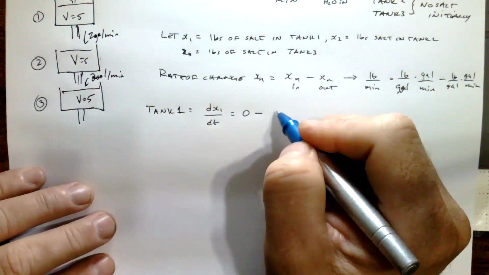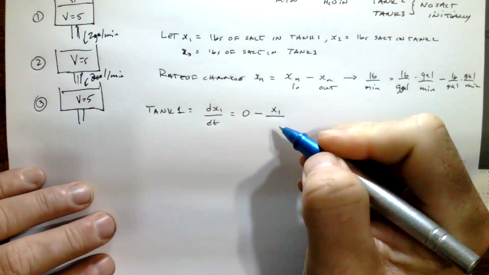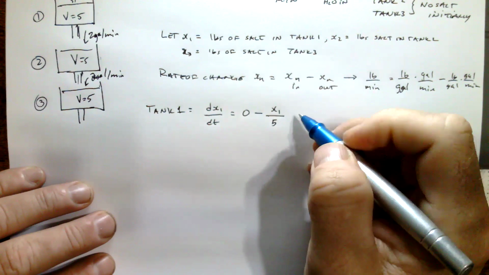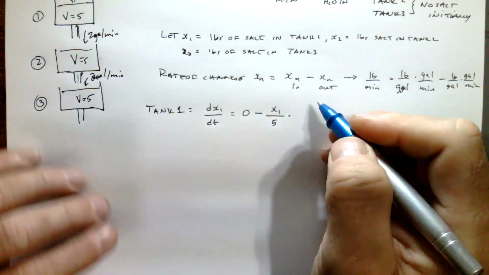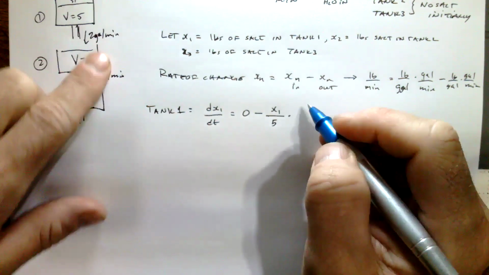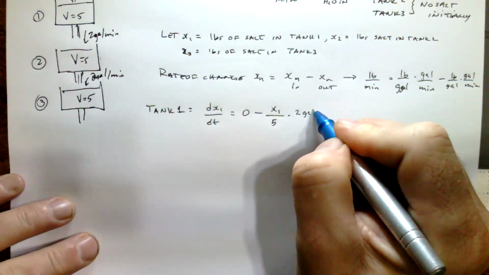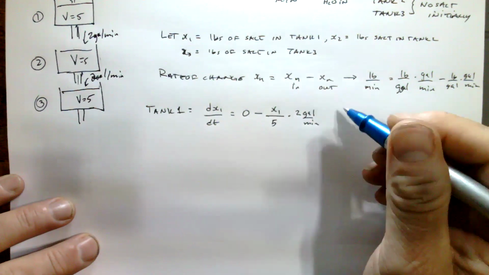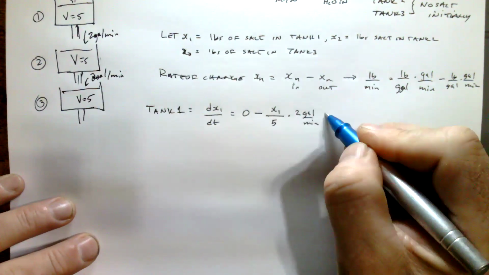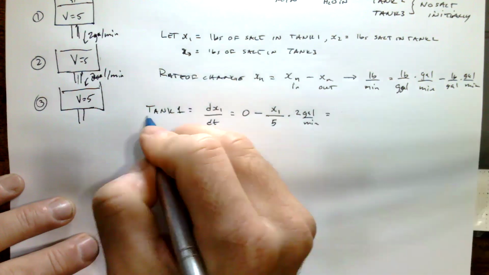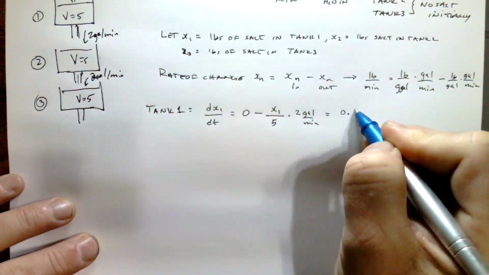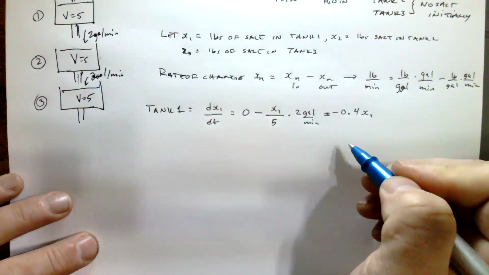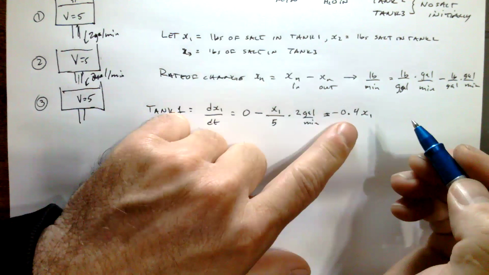That's going to be the amount of salt, x1, divided by the volume that's there, which is 5, times the flow rate, which we know is 2 gallons per minute. This is the amount of pounds per gallon. Which gives us that our tank 1 rate of change is going to be negative 0.4 x1. So this is the rate of change of salt in the problem.